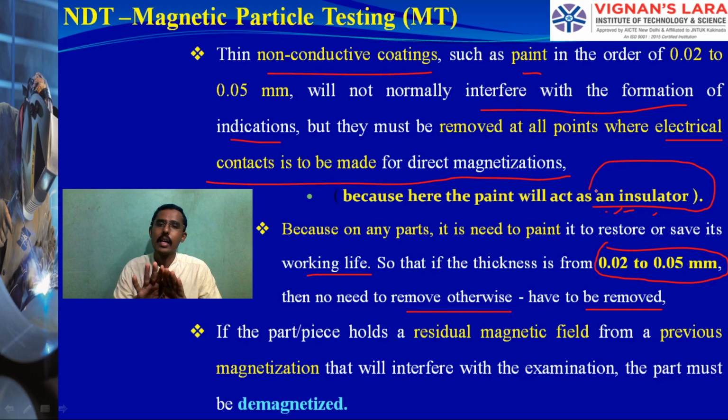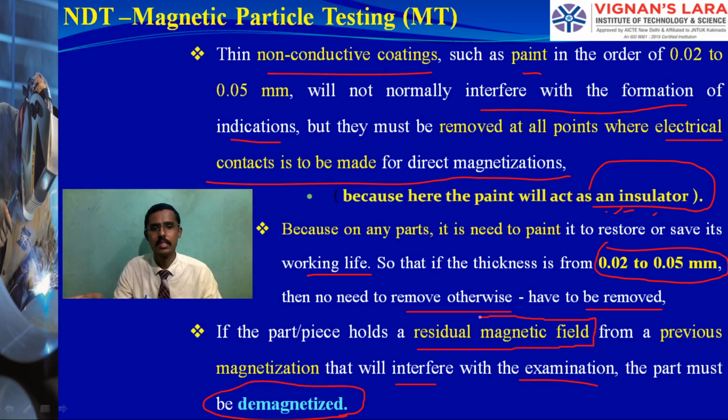If the part holds a residual magnetic field from a previous magnetization that will interfere with the examination, the part must therefore be demagnetized. You see, the part holds the residual magnetic field which was done in the earlier stages. It means it was done the first time somewhere by some other inspector, and it was not demagnetized, left as it is.